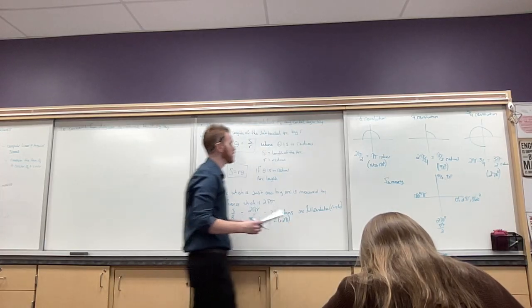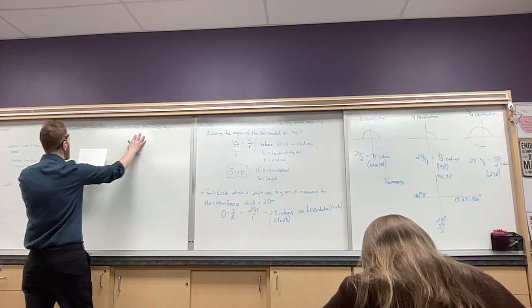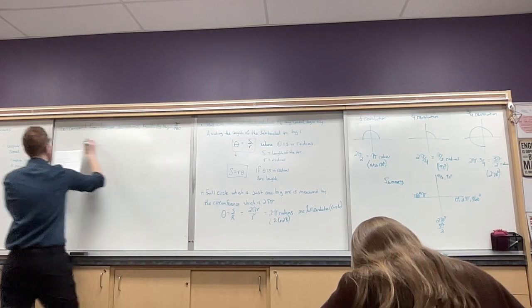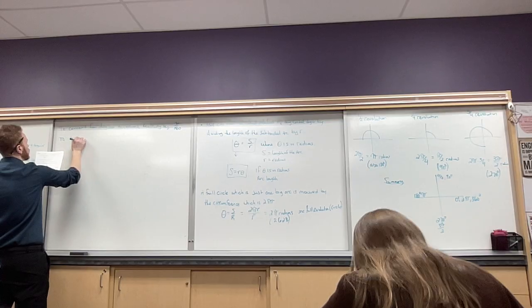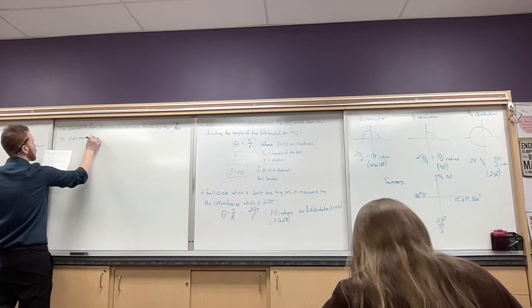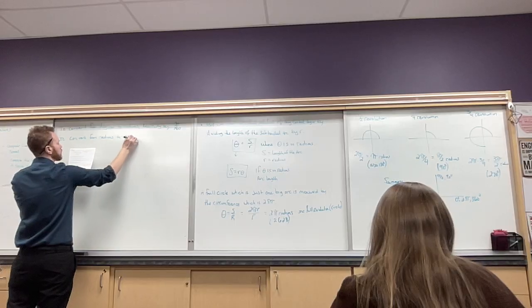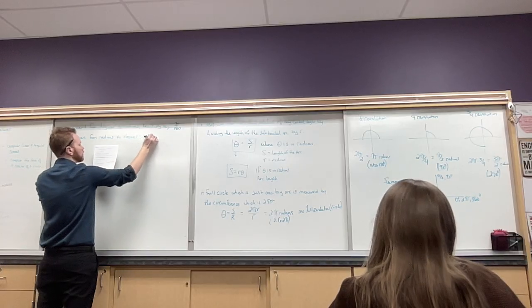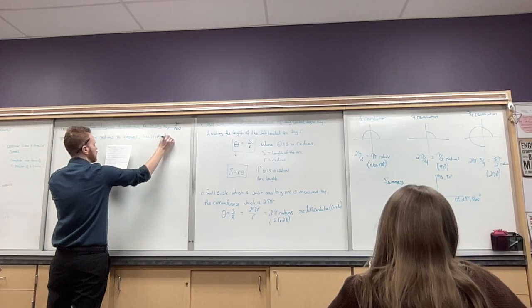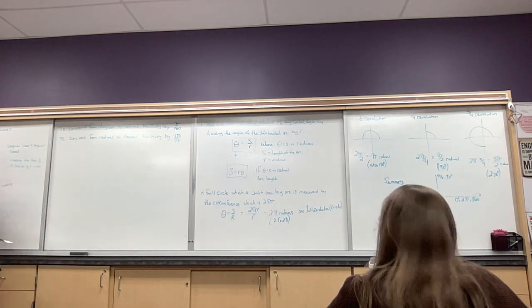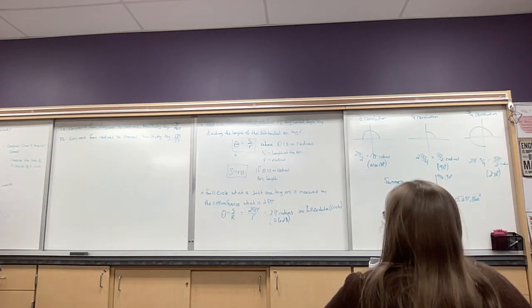So if I want to convert from degrees to radians, I'm going to multiply by pi over 180. To convert from radians to degrees, if you flip it, well, you're going to multiply by 180 over pi. So you're just flipping the fraction itself.